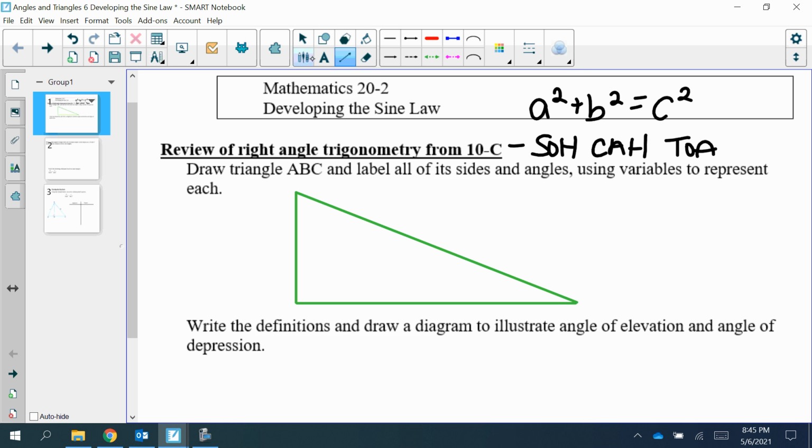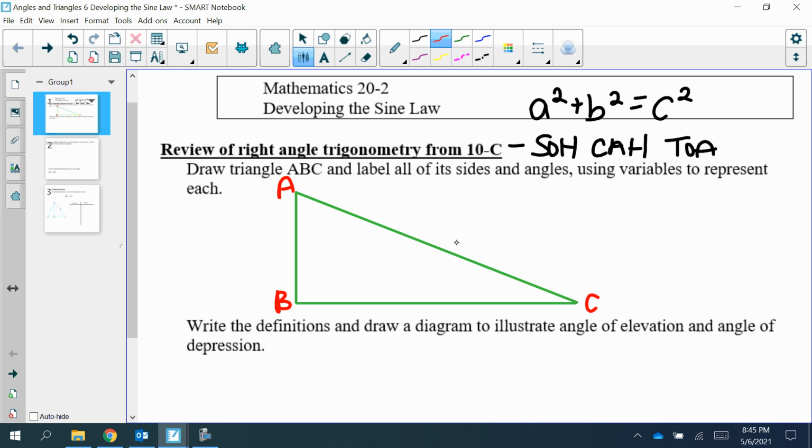So if we are to draw a triangle ABC, ABC would be our vertices for it, A, B, and C. And one thing that you would have done in 10C that we haven't really explicitly said is sometimes you can label the sides. So in some of the previous questions, I would have called this side line segment AC, because that's the segment between point A and point C.